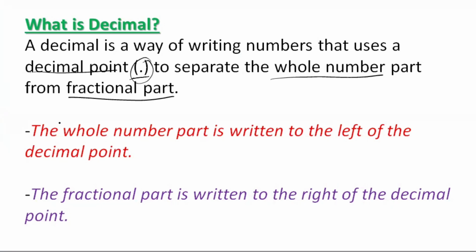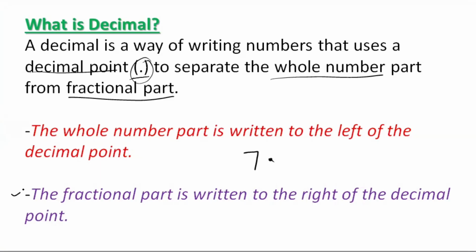Okay, and how should it be written? The whole number part is written on the left of the decimal point. Here, this is the decimal point, and the whole number should be written on the left side of the decimal point. Like here it is 7. 7 is on the left side of the decimal point, so it is the whole number.